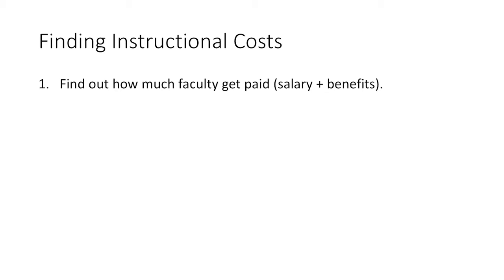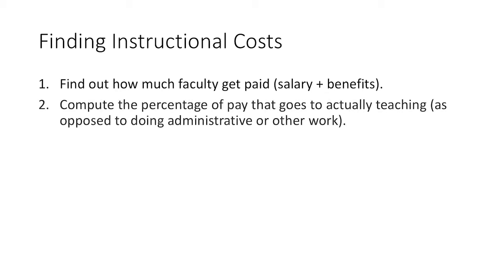And by pay, we mean both salary and benefit costs. Second, we're going to compute the percentage of pay that actually goes to teaching as opposed to doing administrative or other kinds of work. So first, find out the total compensation. Second, find out what percentage of that compensation goes to actually teaching.